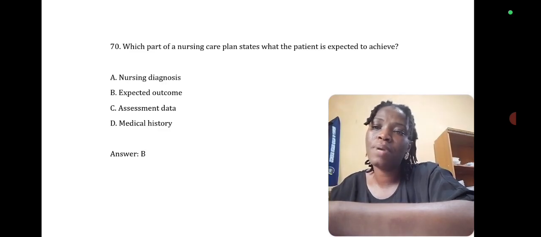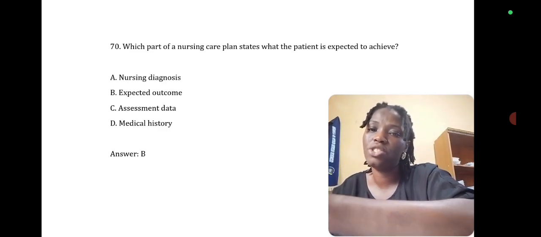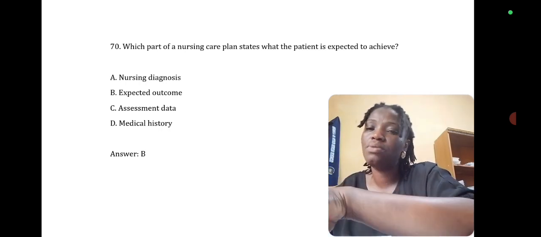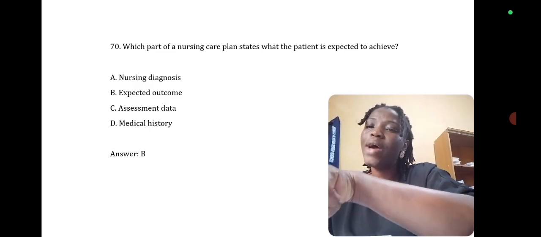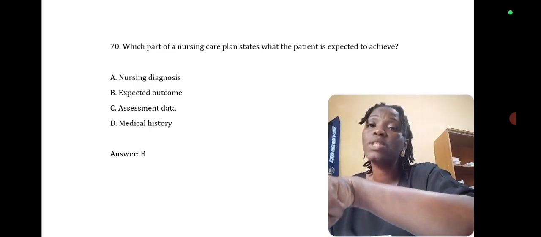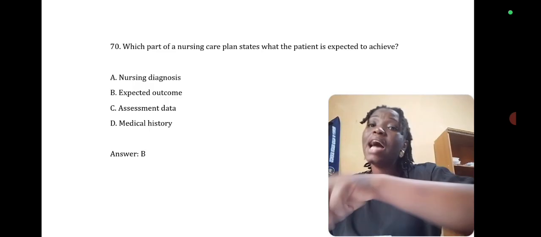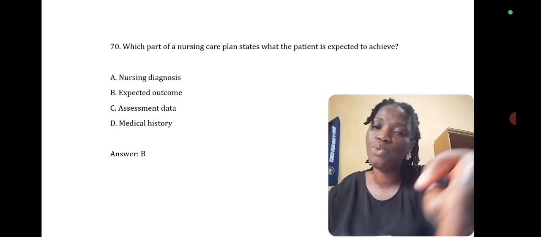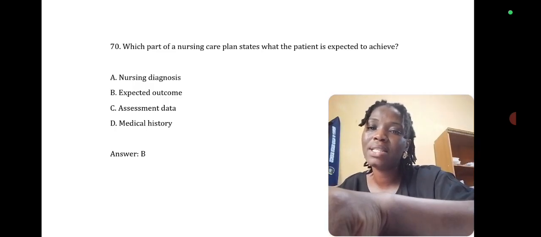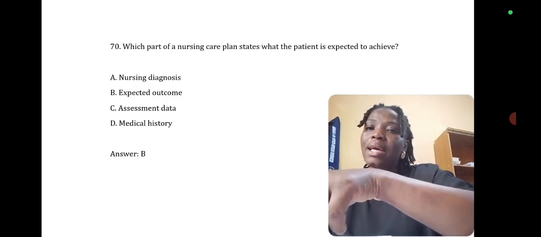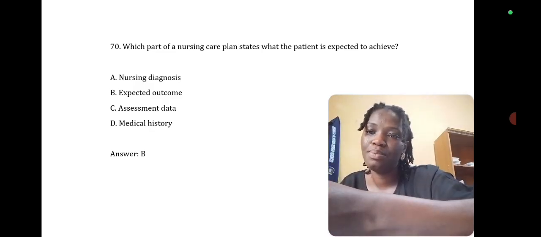Number 70. Which part of a nursing care plan states what the patient is expected to achieve? That's your nursing objective, your nursing goal, your expected outcome. The outcome will then be your evaluation. So the answer to this question is B, expected outcome. Like what you are expecting.